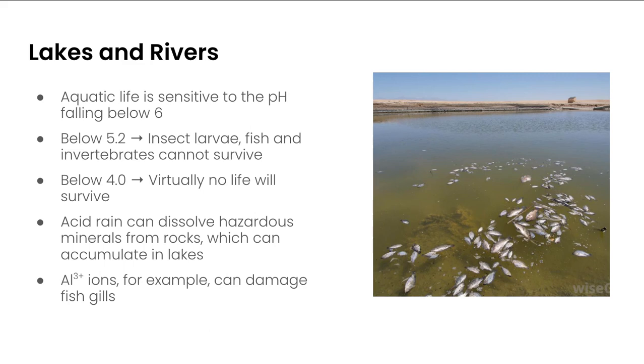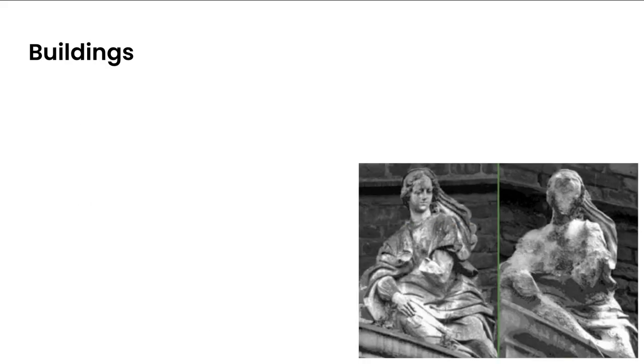And so then that damages the fish, which then affects their quality of life. And we end up with these lakes with just a lot of dead aquatic life, which is, again, not very good.